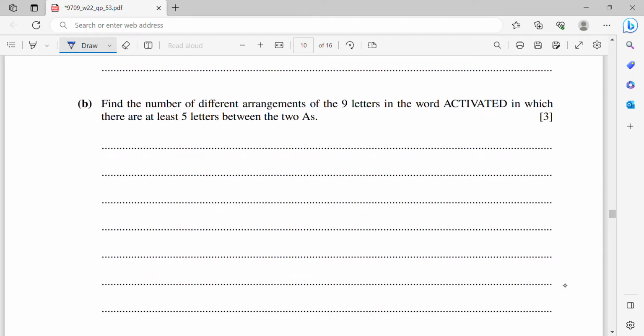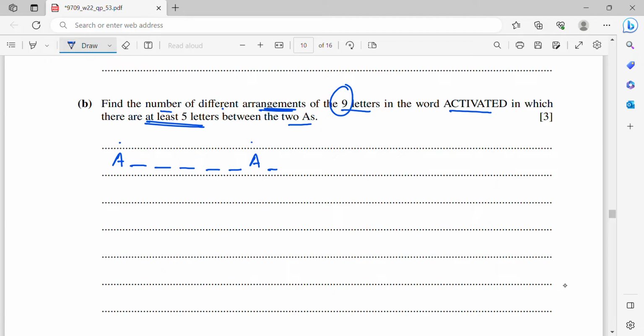Okay, now B. Find the number of different arrangements of the 9 letters in the word activated in which there are at least 5 letters between the 2 A's. So now, I may have A, then 5 letters, 1, 2, 3, 4, 5, another A. So initially we have 9 letters, so 5 in the middle, plus 2 A's, means 7.